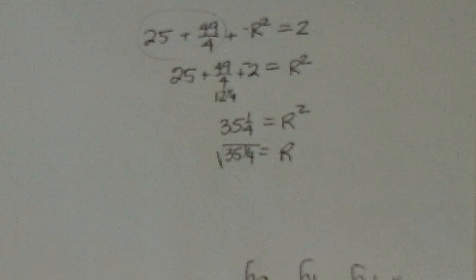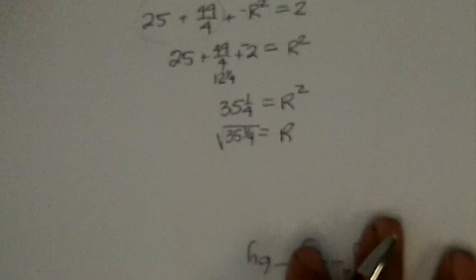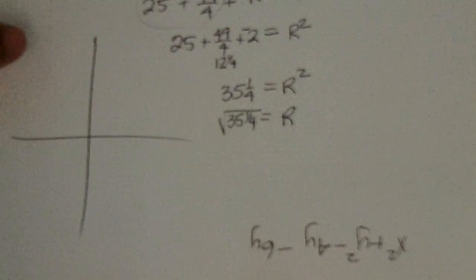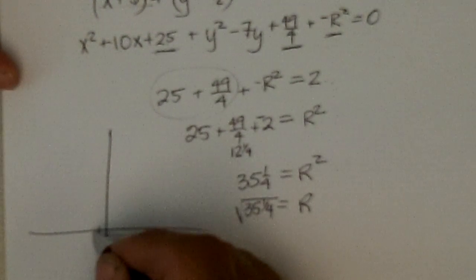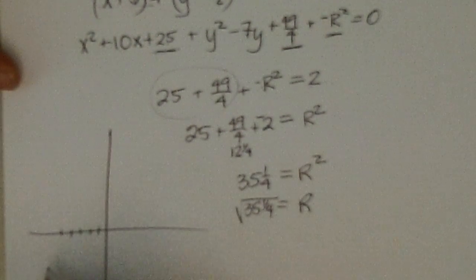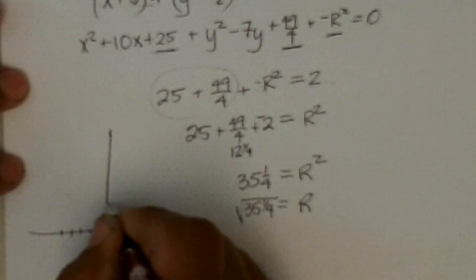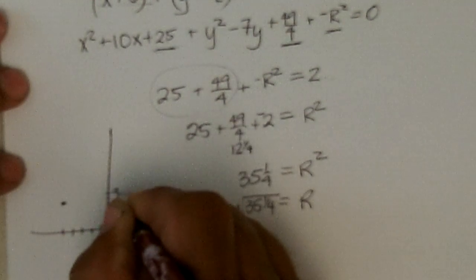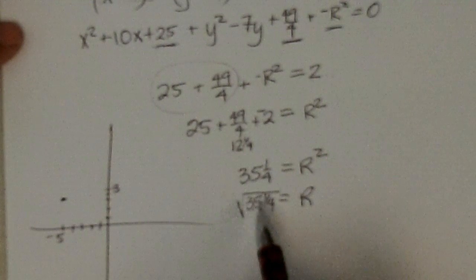Square root of 36 is 6, and so this is just barely less than 6. So if I had asked you to graph this, it would have a center at negative 5 and up 3.5 and a radius of just under 6.